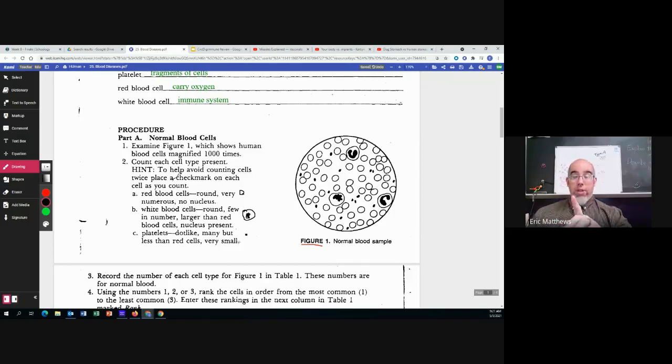Now, how to count them? I suggest you literally do this with your paper, with a partner, however you can.